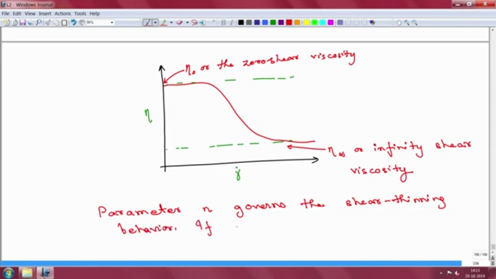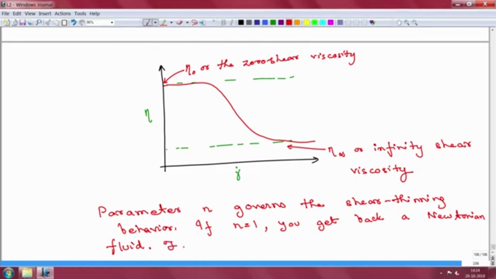If n is equal to 1, then you can see easily you get back a Newtonian fluid. Usually this model is meant only for shear thinning fluids.